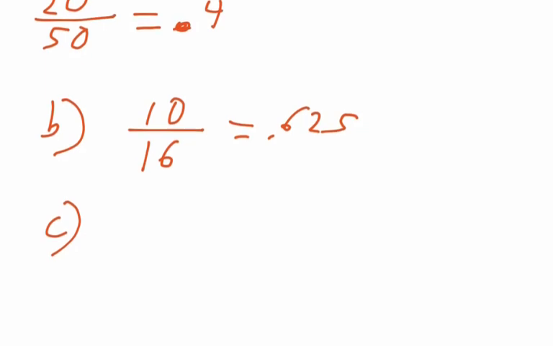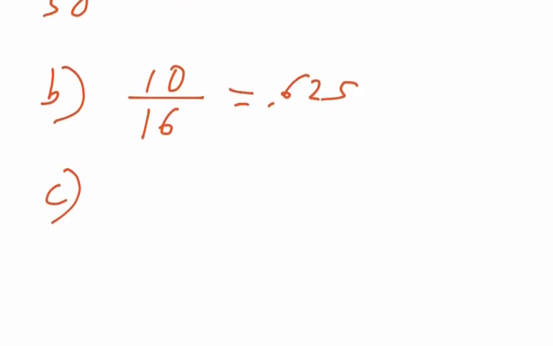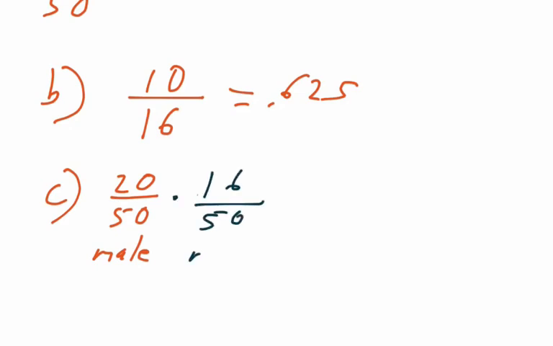Part C, we have males and prefer movies, and we want to know if they're independent. So we have 20 out of 50 who are male, and we have 16 out of 50 who prefer movies.